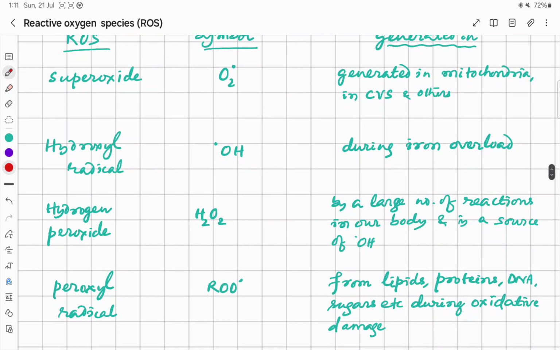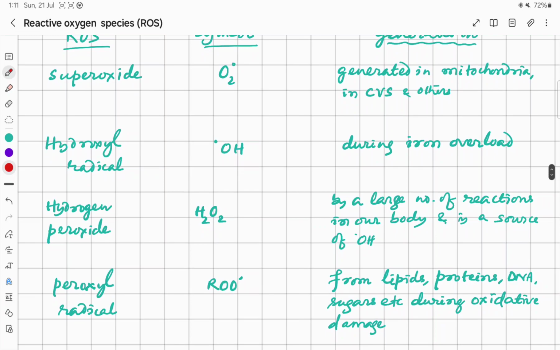So if we summarize, superoxide is generated in mitochondria, mainly in the cardiovascular system. Hydroxyl radical is generated during iron overload. Hydrogen peroxide is generated by a large number of reactions in our body, and it is a main source of the hydroxyl radical.